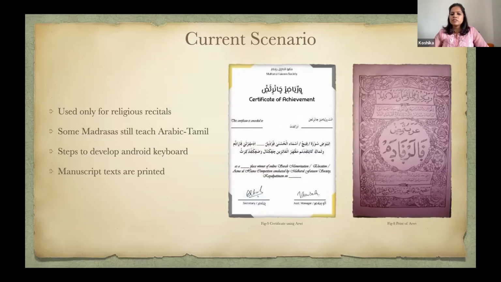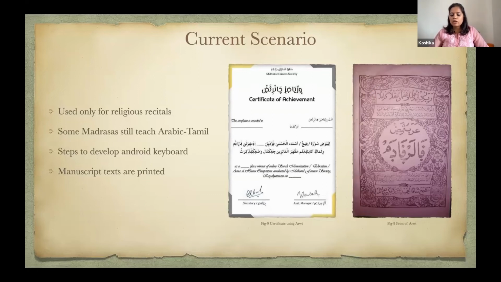He gave me this information saying that yes, in traditional Tamil places like Keelakarai and Kayalpatnam, they still have this practice of reciting religious recitals in Arabic. Also some madrasas teach Arabic Tamil, but not all the madrasas that teach Arabic do, is what he said.